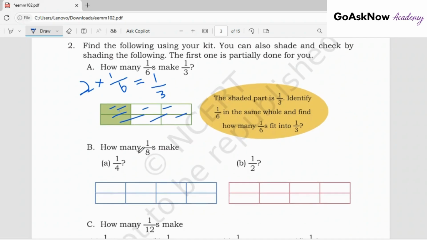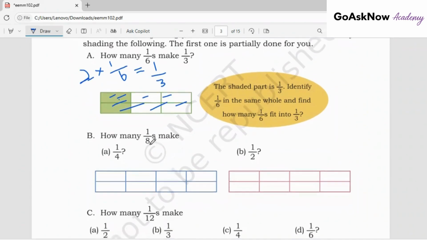In part B, let us calculate. 2 into 1 by 8: here 2 into 4 is 8. So 1 by 4 is 2 by 8, and we have to shade 2 regions, 2 boxes.